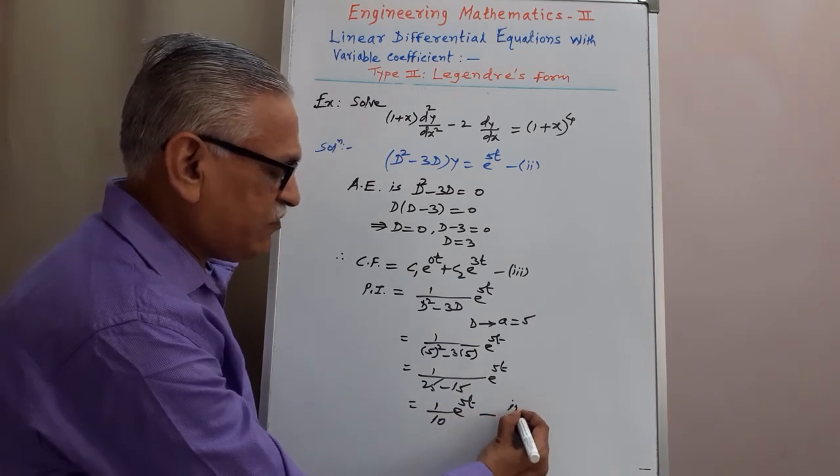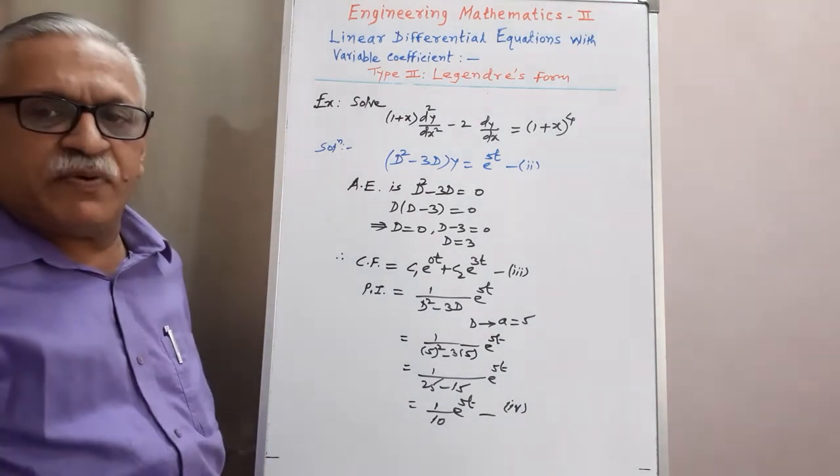We call this equation number 4, the required PI.